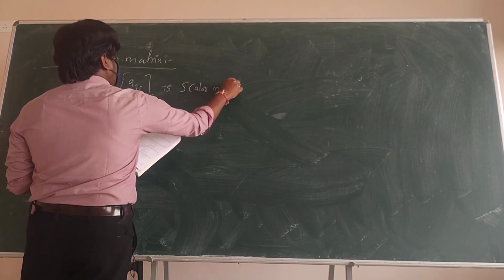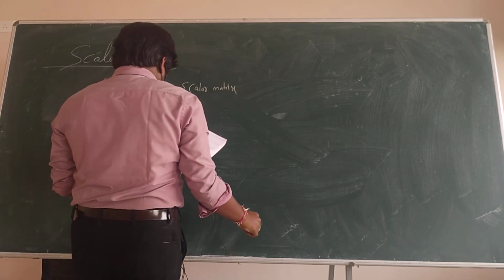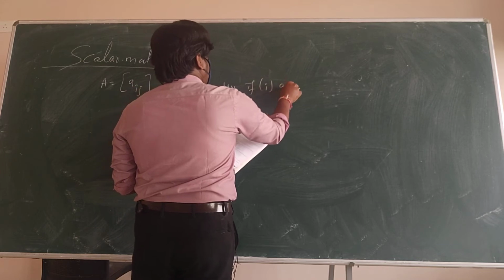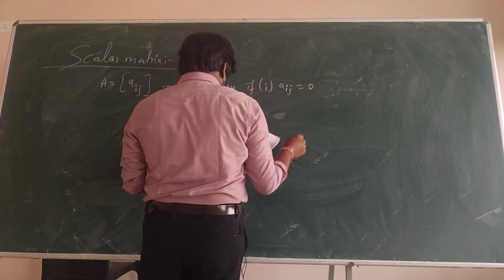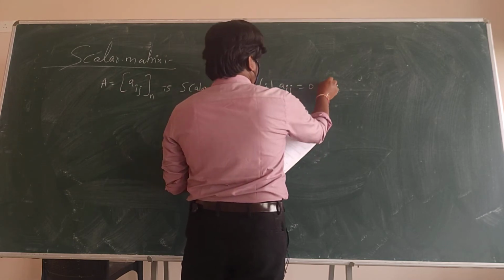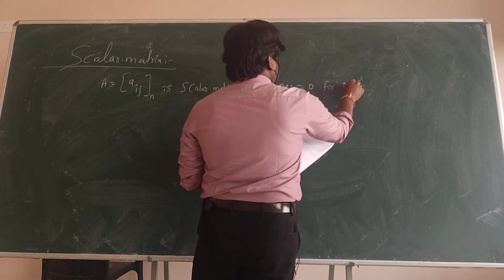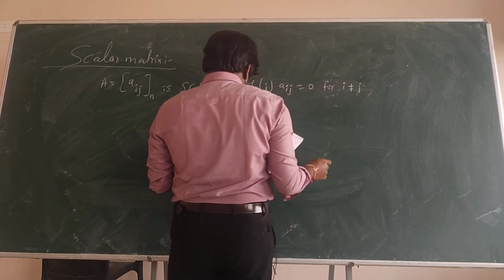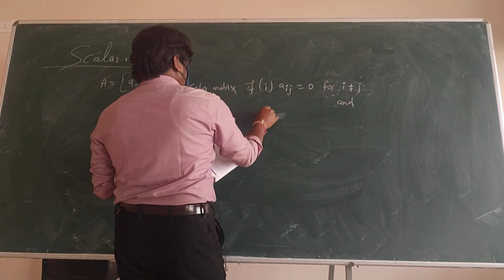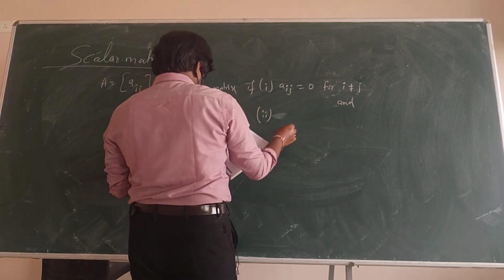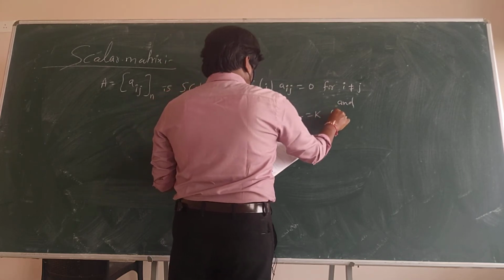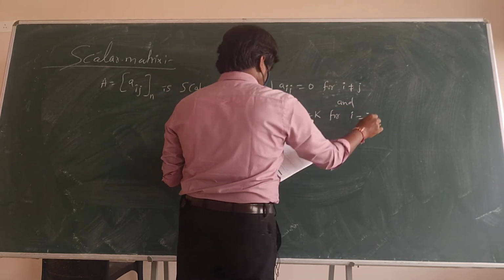This is going to be a scalar matrix if, condition number 1, Aij is equal to 0 for i not equal to j, and condition number 2, Aij is equal to k for i equal to j.